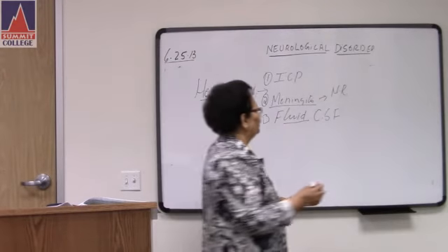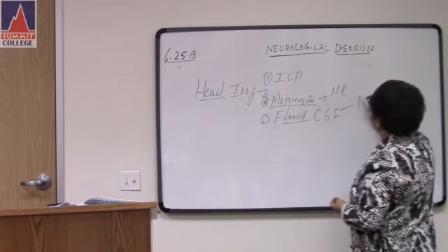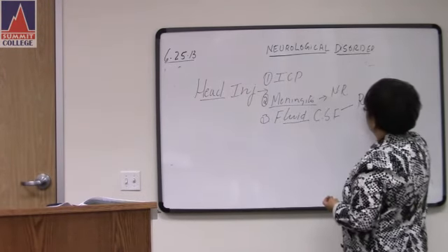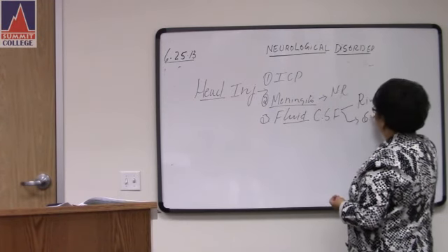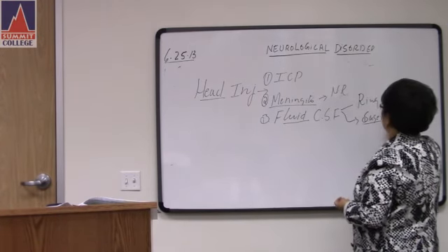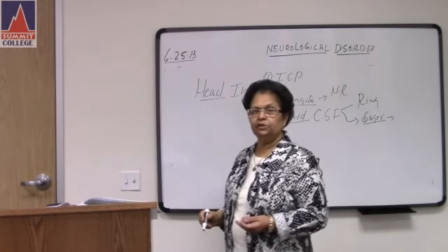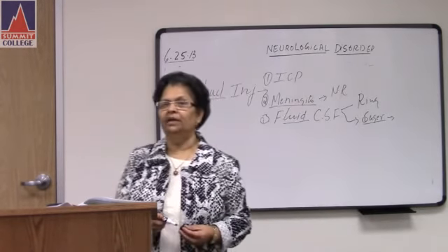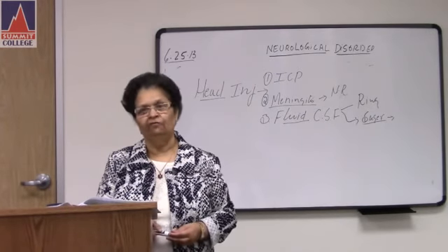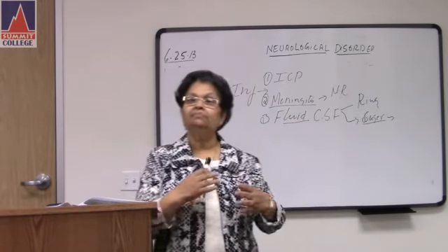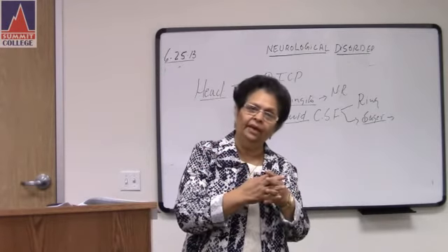So two things you will remember: the concentric ring, and number two, sugar. They might say check with a strip for sugar. If it is positive for sugar, that means it is cerebral spinal fluid. Not just memorizing, but we have to learn to connect.